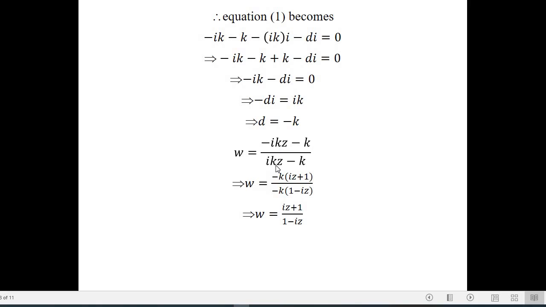In the numerator, take minus k common factor. Similarly, in the denominator, take minus k common factor. We get iz plus 1 divided by 1 minus iz. Both in numerator and denominator cancel minus k. Finally, we get w is equal to iz plus 1 divided by 1 minus iz. So this is the required bilinear transformation which maps these points.